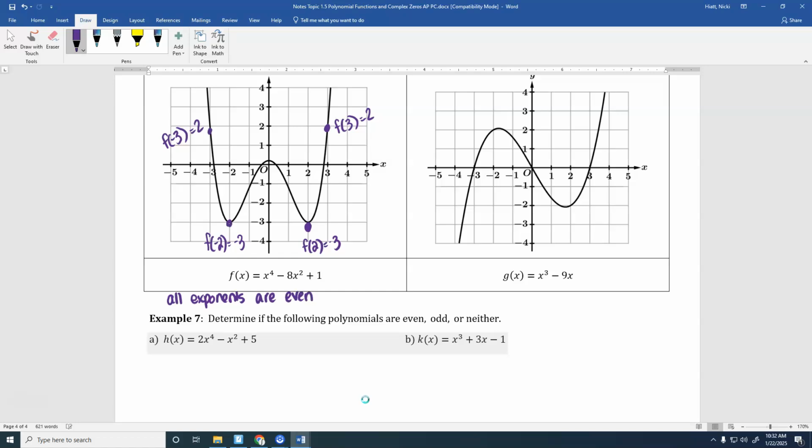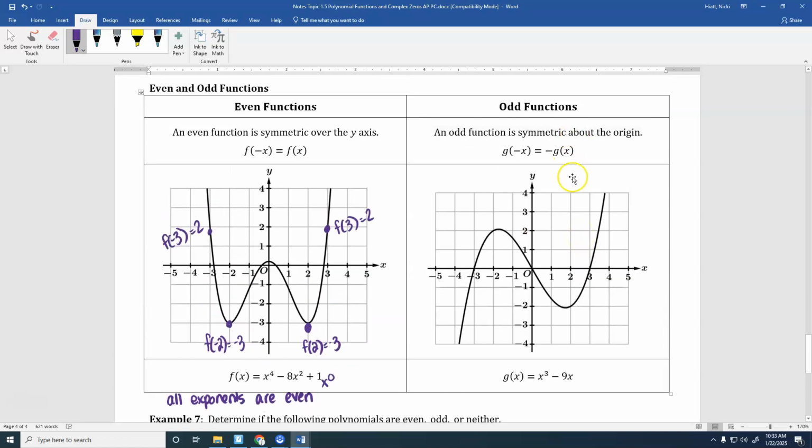You've got x to the fourth and x squared, those are both even. You don't have an x over here, but if I put an x with that last term, what would I have to make the exponent? 0, which is even. If you have a constant term on the end, it has x to the 0 with it, which is an even term. So all of the exponents are going to be even.